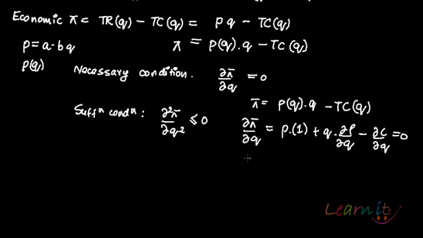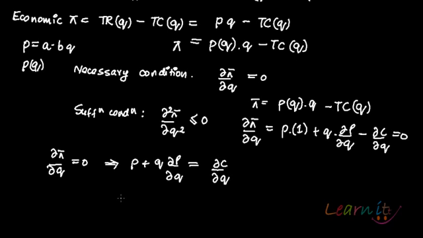You can write this as: P plus Q del P by del Q should be equal to del C by del Q.